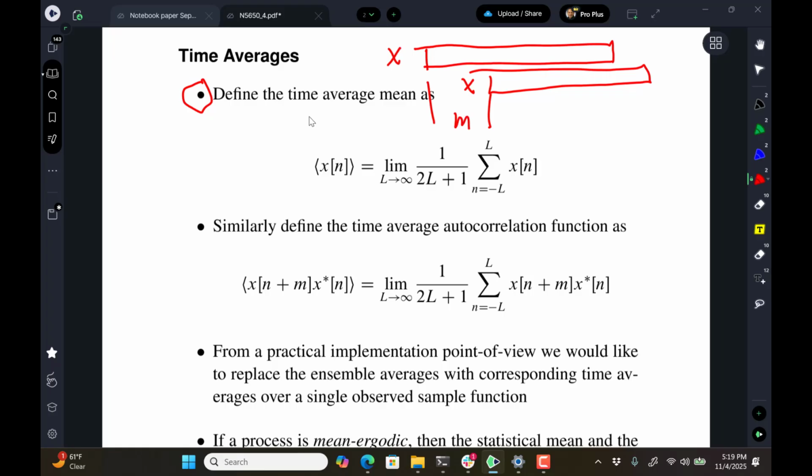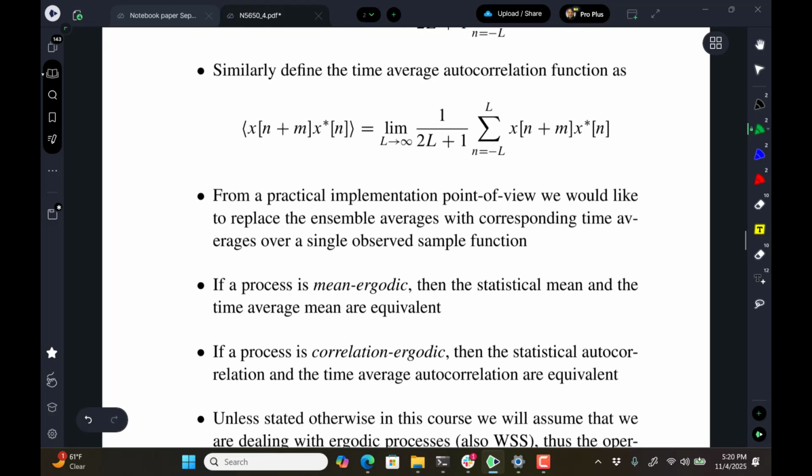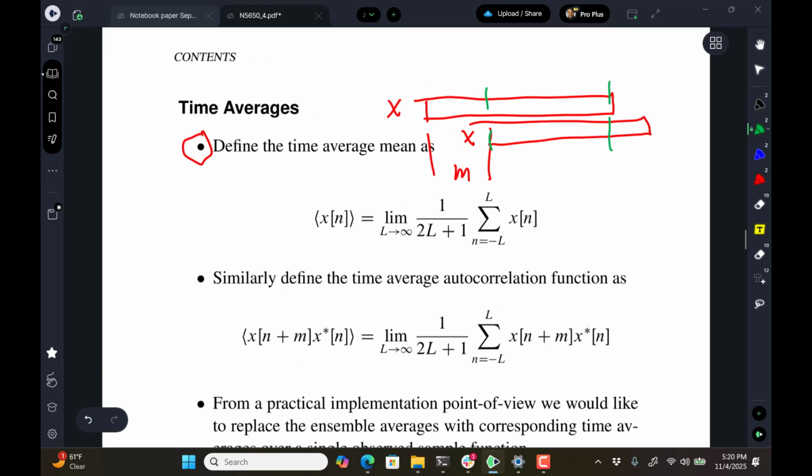So when you shift it by m, you multiply together where they're touching, and in this case that would mean where there's overlap. There won't be any overlap outside the edges, but you'd multiply the points together and add them up where they do have overlap. And then that would form your time averaged autocorrelation function. And as L goes to infinity, it should all work out.